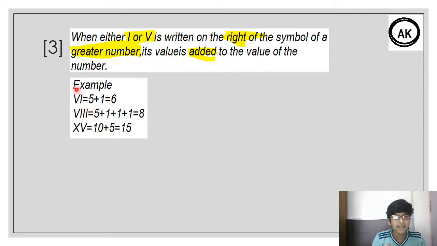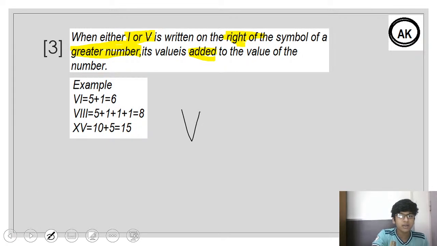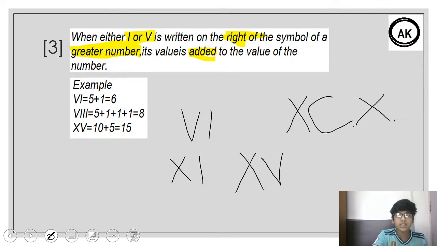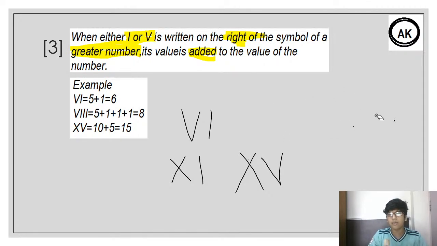The previous value should be greater than the next value. It means if we write V here, this should be I. If we write X here, it should be I. Or if we write X here, it should be V. If we write X here and we write C, this is not the case we are talking about. So I am erasing this part now.